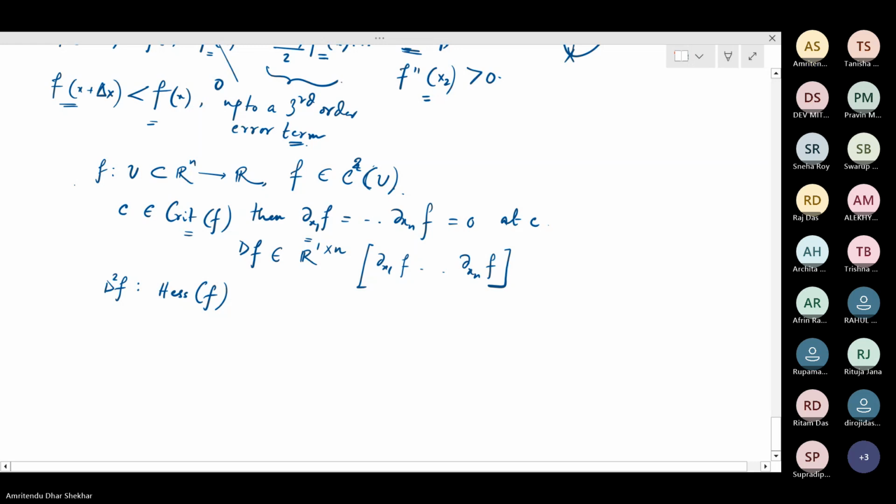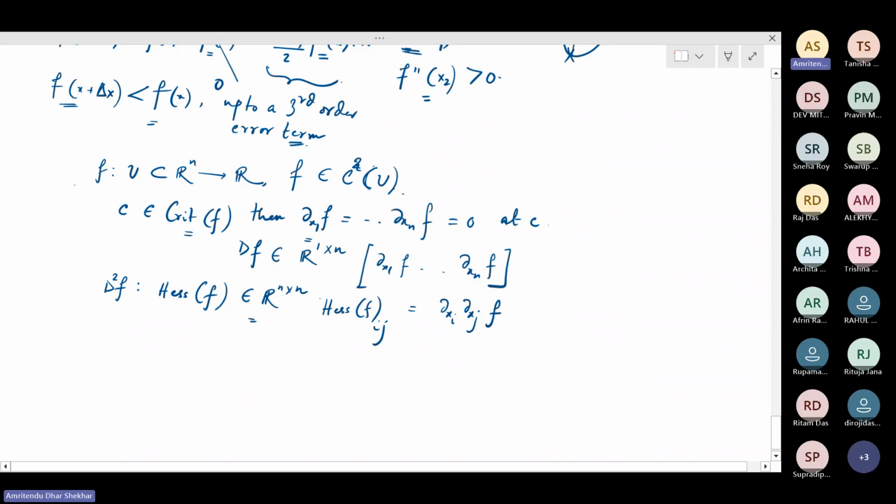Okay, and the Hessian of f is an n cross n matrix whose ijth term is equal to del xi del xj of f.